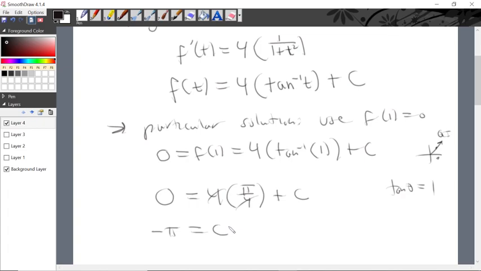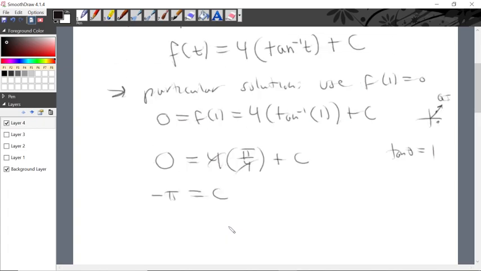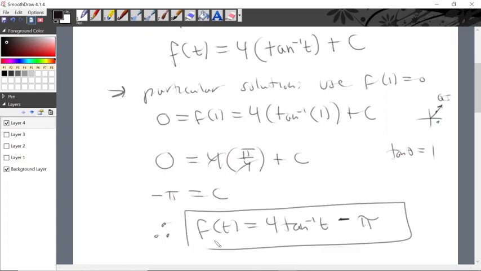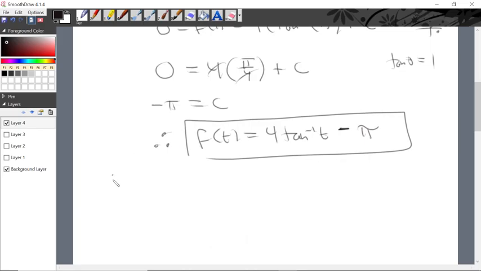So our particular solution then, so therefore, our f of t is equal to 4 times the arctangent of t minus pi. And of course we can check through differentiation and checking the given condition.